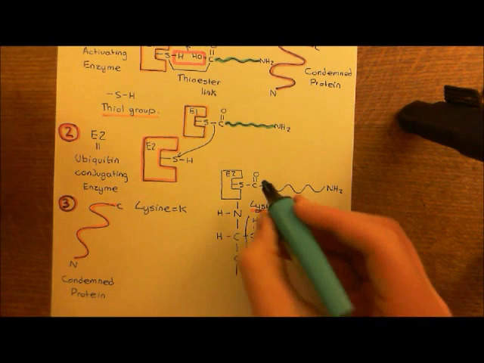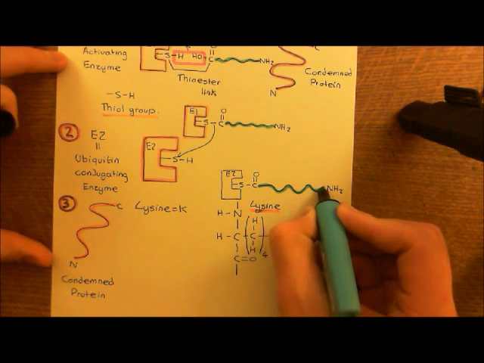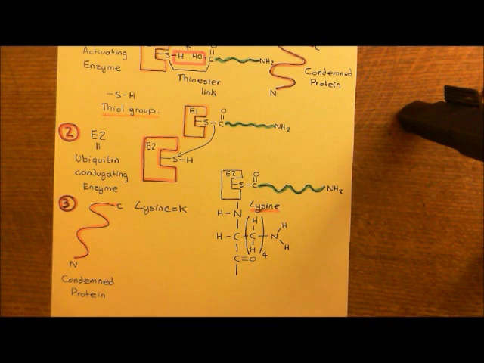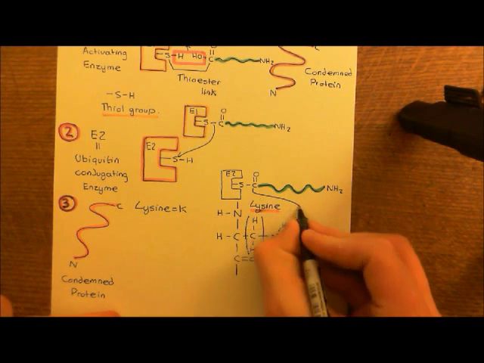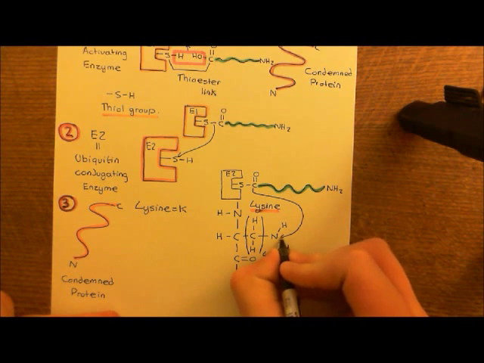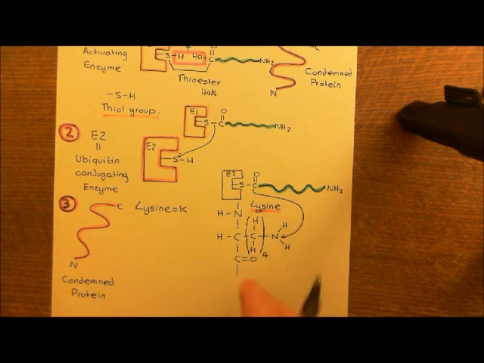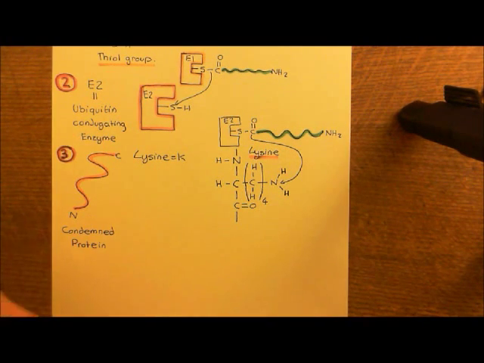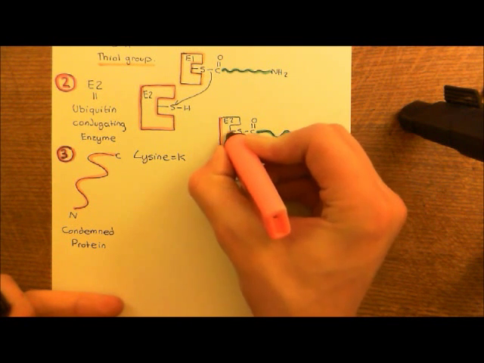Okay, so the basic idea then is that what you're going to do is you're going to transfer the ubiquitin molecule onto the amino group of a lysine residue within your condemned protein. So you're going to bring this, and you're going to attach it onto the nitrogen. You're going to take a hydrogen off the nitrogen and attach that back onto the sulfur to recreate the thiol group on this E2 ubiquitin conjugating enzyme here.